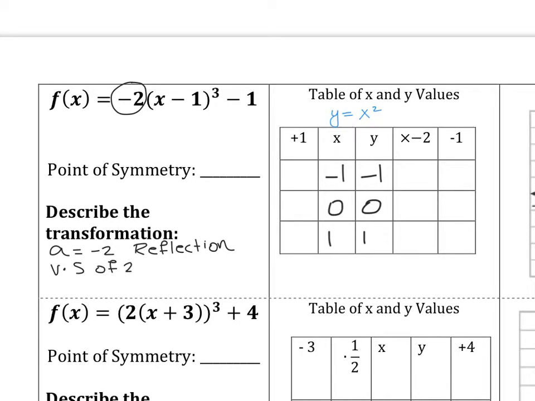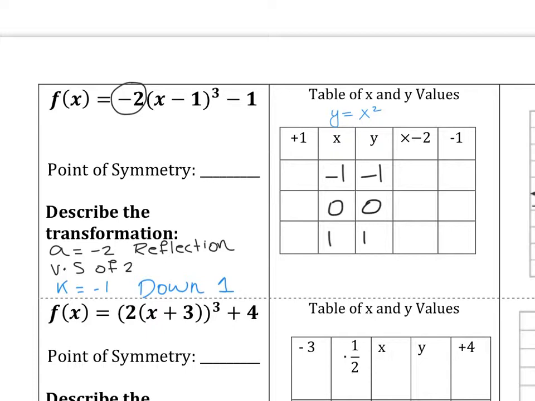So the first thing you need to do is multiply the y by -2. And now the k is -1, so that means that your graph is going to go down 1 unit.